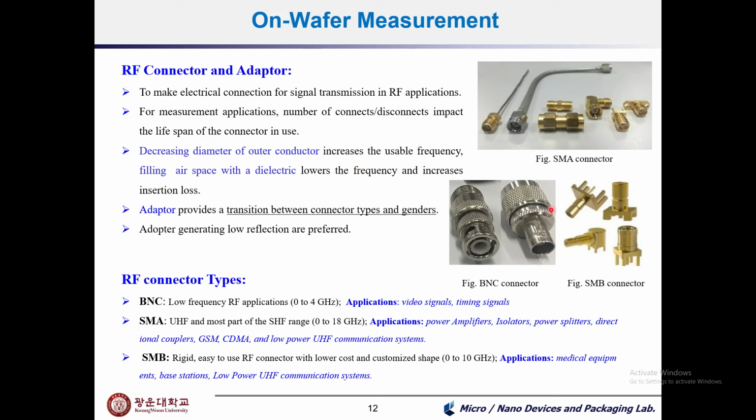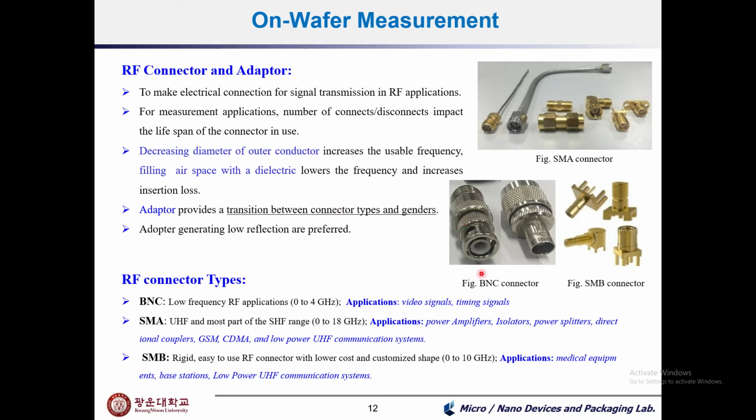If we need a larger usable frequency, then we need to decrease the diameter of the outer conductor, whereas if we need a lower frequency, the air space is filled with dielectric. However, in this case it increases the insertion loss.